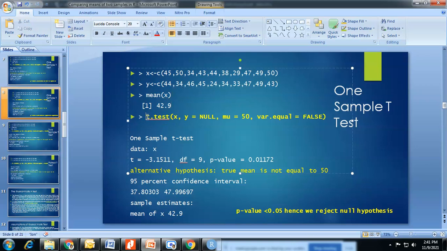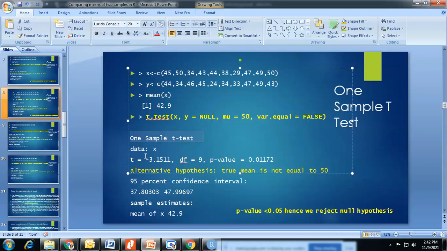Now what we are doing is putting some other value of mean. Mu is equal to 50. So whatever was the average, we are not taking that particular average, but we are giving some different value for the average. And then see what is the result of the test. So it gives the test result like this.